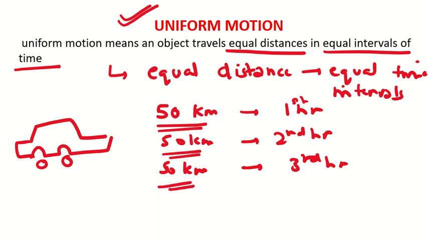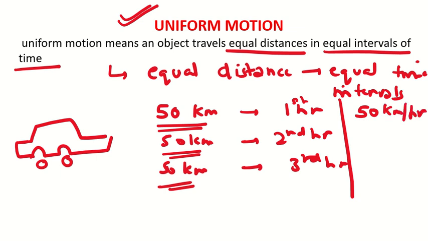Such a motion is called a uniform motion. You can also see over here that for the first hour, it traveled 50 kilometer in a time period of 1 hour, right? So the speed here is 50 kilometer per hour.